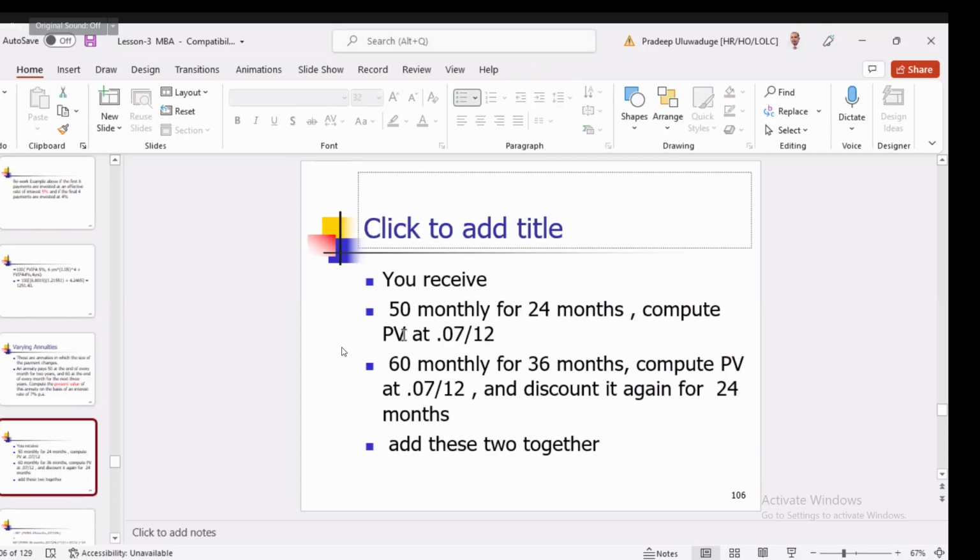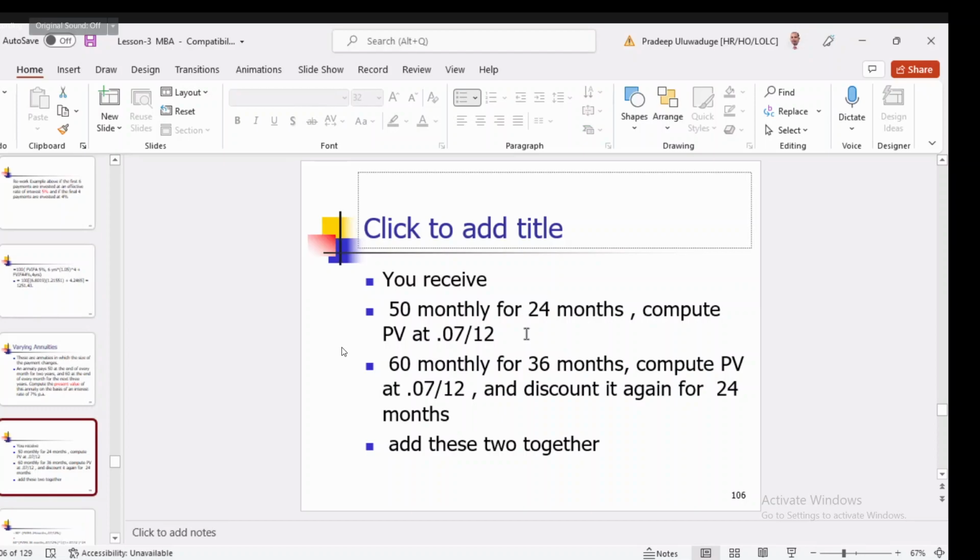The annual interest rate is 7%, so you have to divide it by 12 to calculate the monthly interest rate, because these are monthly payments. So n equals 24, and r becomes 0.07 divided by 12.